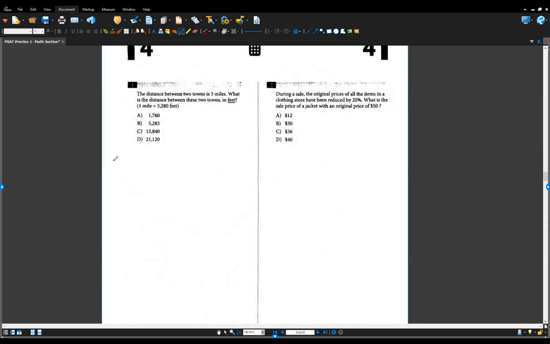Okay, try number 1. Converting ratio. The distance is 3 miles. This is about converting units.